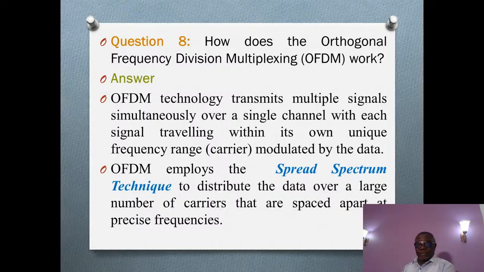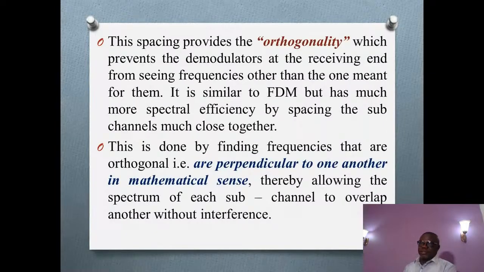In future, we'll be seeing how this spread spectrum technique works. But here, OFDM employs it to distribute the data over a large number of carriers that are spaced apart at precise frequencies. This spacing provides the orthogonality, which prevents the demodulators at the receiving end from seeing frequencies other than the one meant for them.